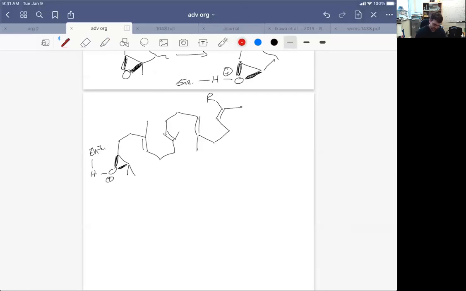Okay, so we're going to allow this double bond to add here and bust open this oxygen atom. That's going to leave an intermediate with a positive charge here, which gets attacked by this alkene to leave a positive charge here, which then gets attacked here, I believe, 1, 2, 3, 4, 5, 6, yep, here by that alkene.